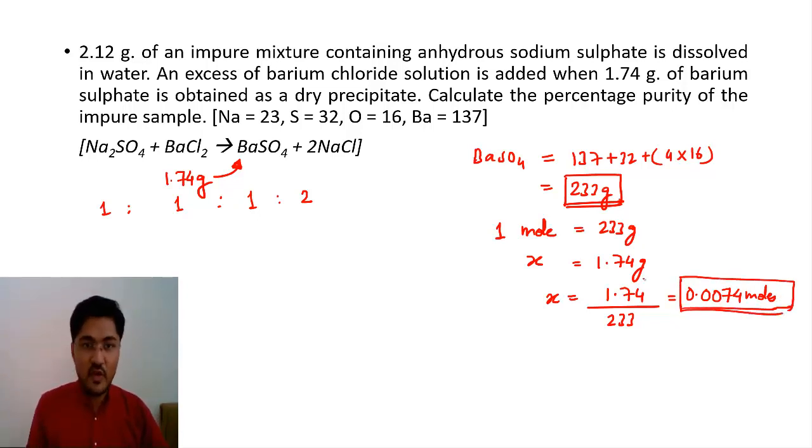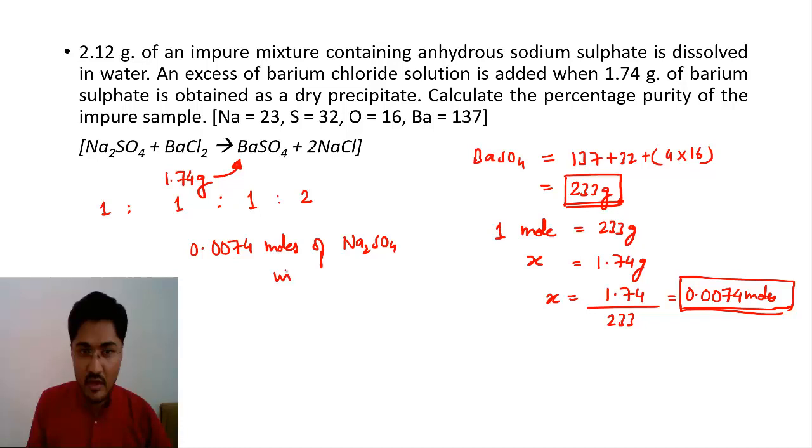Once we have got the moles, we know from this equation that 0.0074 moles of Na2SO4 will be present in the pure form.